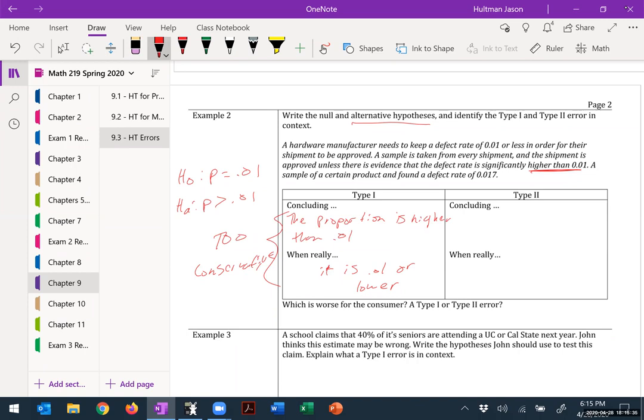Type 2 error is that we accept the alternative when we shouldn't. So we would say that the proportion of defective parts is greater than 0.01.